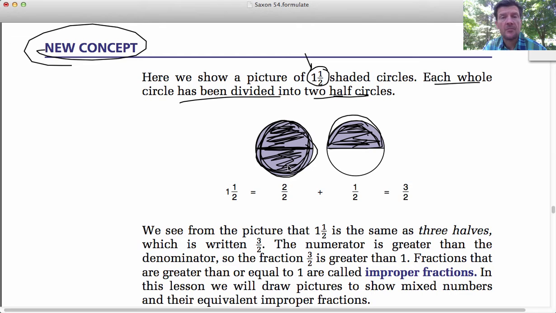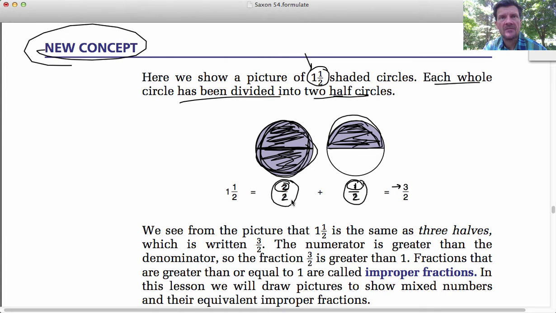The top and the bottom half are both shaded, so that's 2 out of 2 halves. So 2 halves. And then in this one, only 1 of the 2 halves are shaded. So the first one, 2 out of 2, they're both shaded. The second one, only 1 out of 2 is shaded. So that's a total of 2 and 1 is 3.